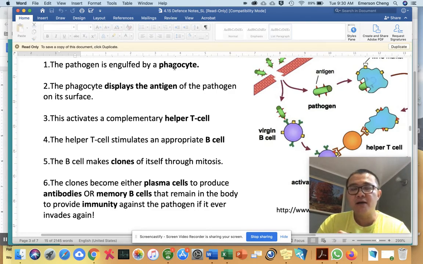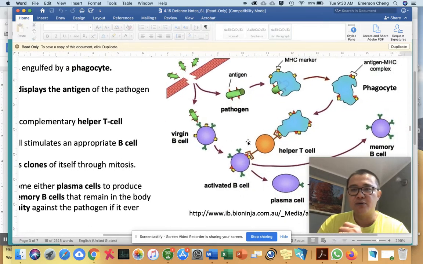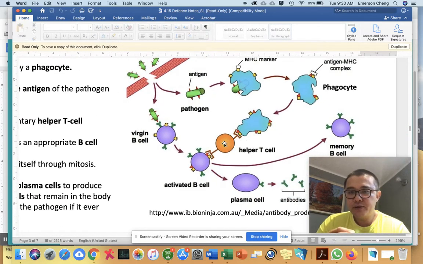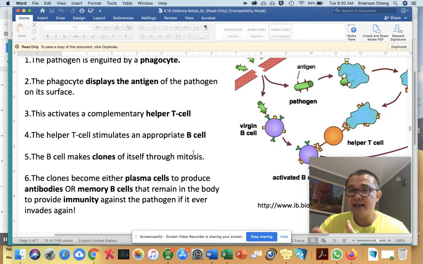Phagocytes are leukocytes. Okay, non-specific, specific. Helper T cells are the first type of leukocytes. Now it recognizes the antigen that's being presented on the phagocyte, so it activates.